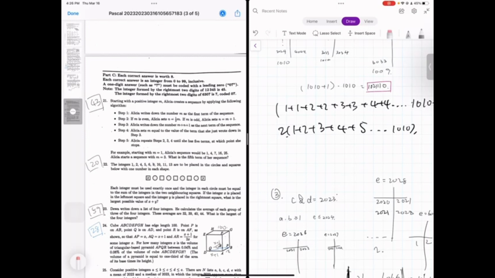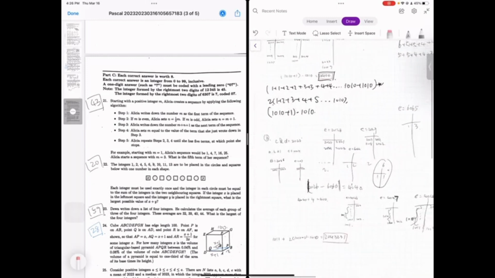So we basically have 1010 plus 1, times 1011 and 1010. There are 1010 terms. So it should be the answer right here.